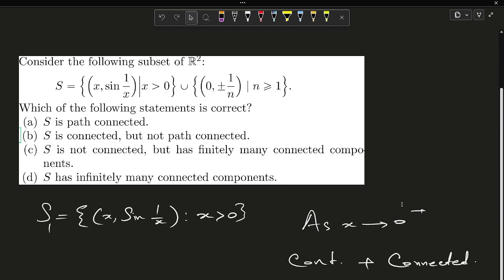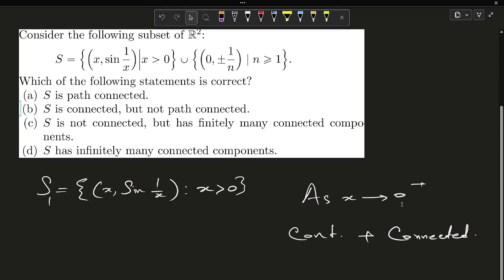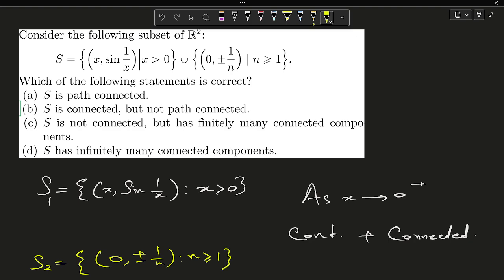Now we are going to talk about the second component, which we can name S2, which is (0, plus minus 1 by n), where n is greater than or equal to 1.